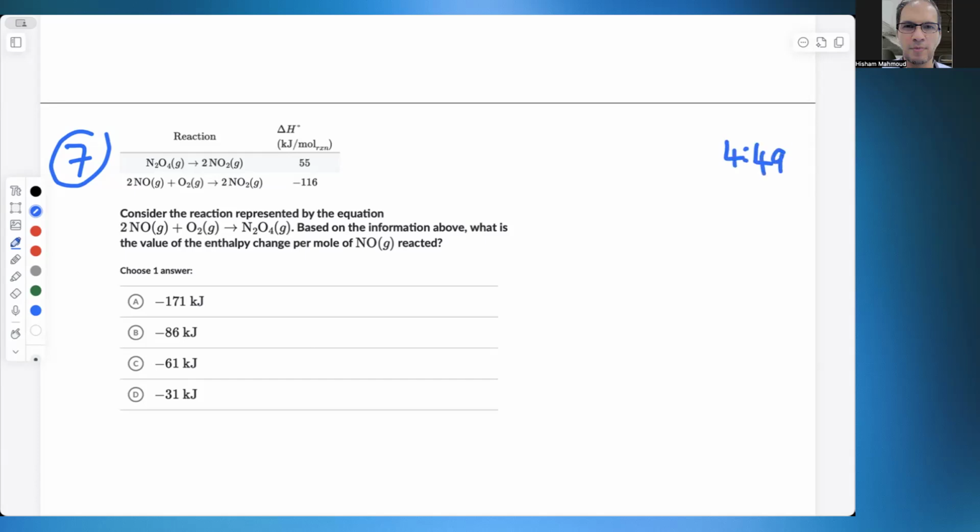Try it again. So I need to see how I play with the equations so that I can reach the third equation. I need to say how I will play with this one. Look at the direction and look at the number of moles.